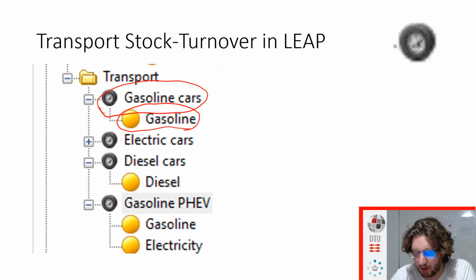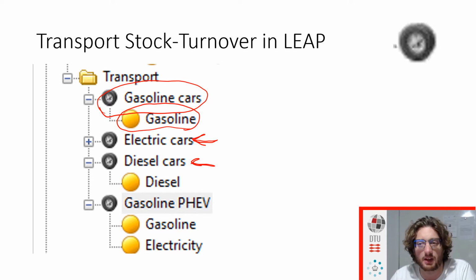One of the big things with this method is that if we have a shift between technologies, we can accurately represent that by having the different technologies represented at the same time. So these are all cars, and that's usually how we would define them in an energy intensity method or even a total energy method.